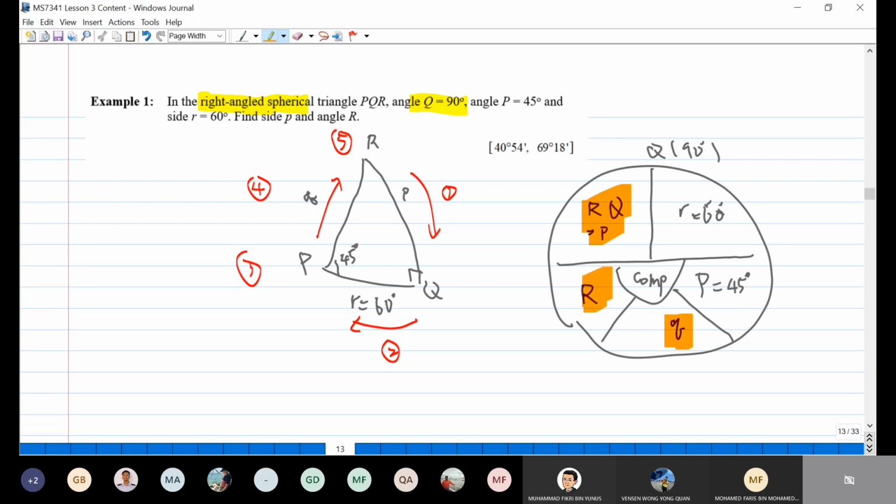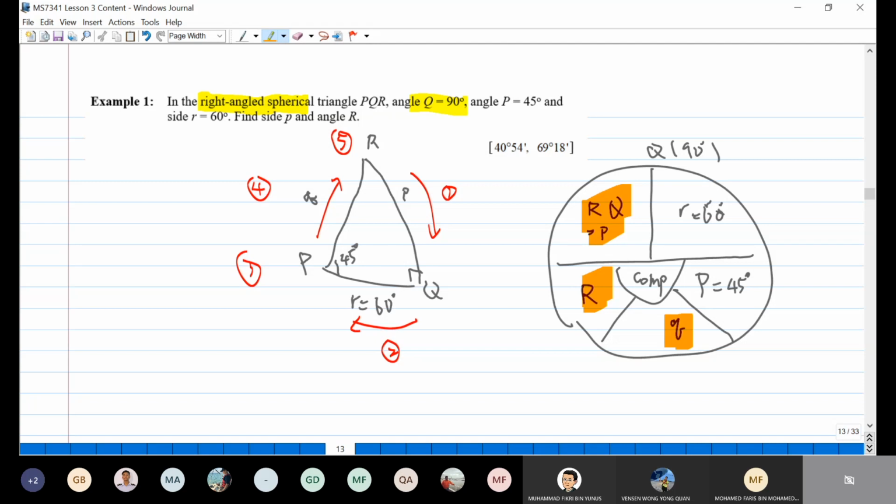So let's see what you can find, and based on what. There are many ways you can find it, but I'll try to make it simpler here. I want to find the angle R. Can I do that? I try to get the simple version, angle R first.